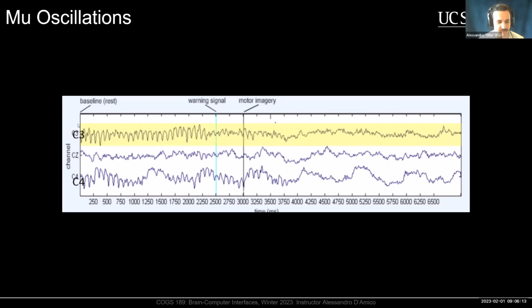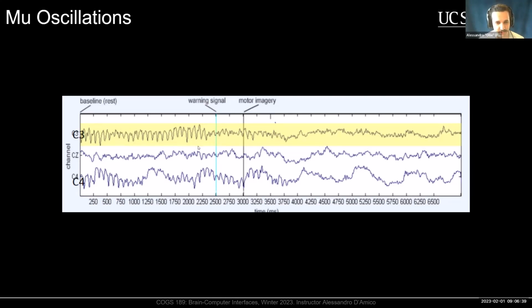This is channel C3, so CZ is at the very center of the scalp, dead center. To the left of it is C3, and to the right of it is C4. And what we can see is that before somebody starts motor imagery, we see this very high mu oscillation activity, both on C3 and C4.